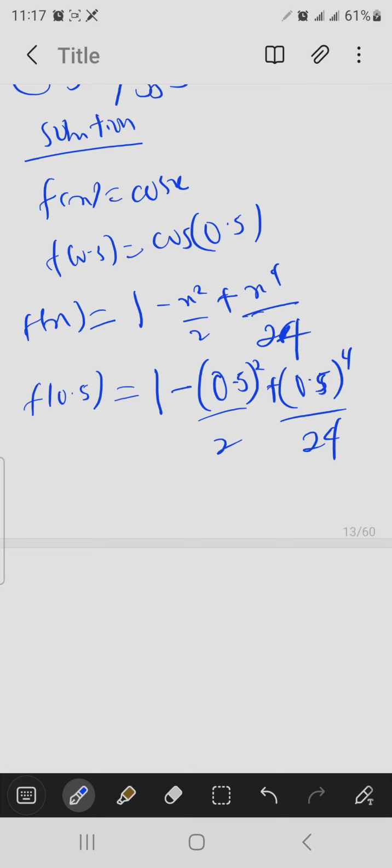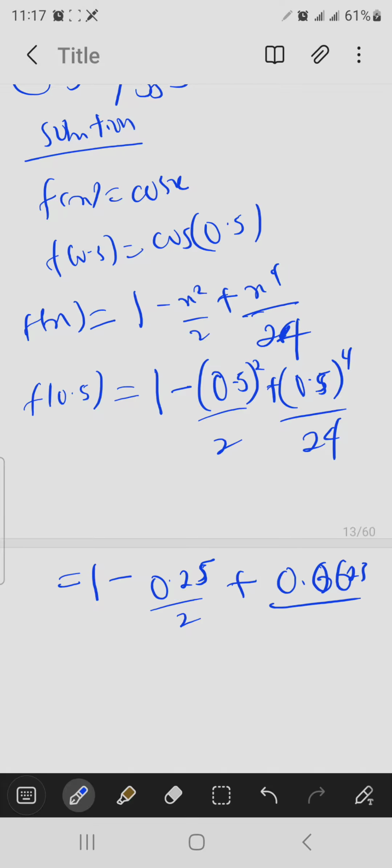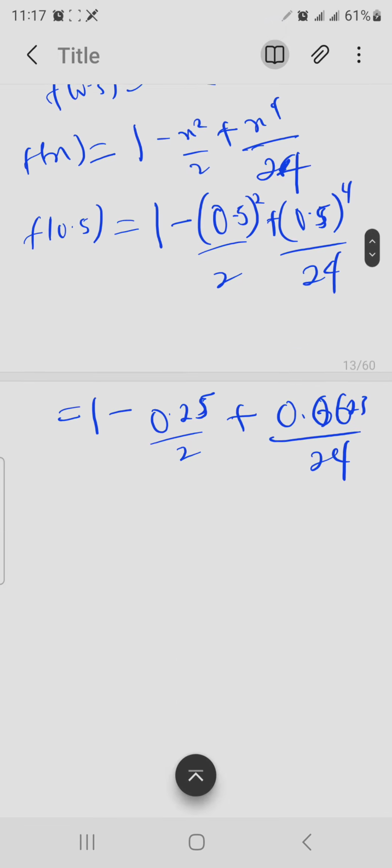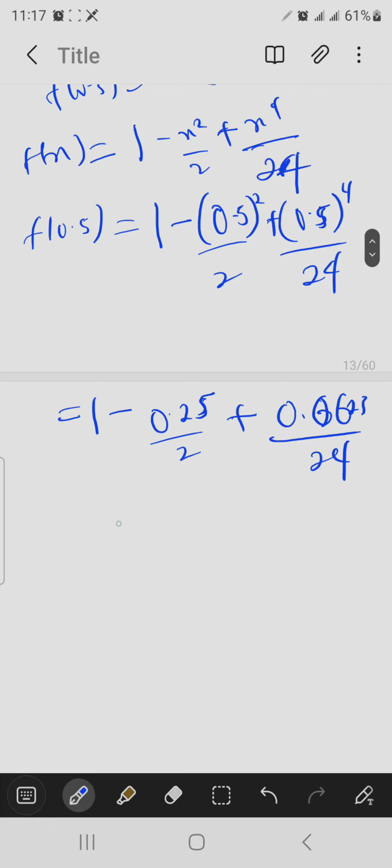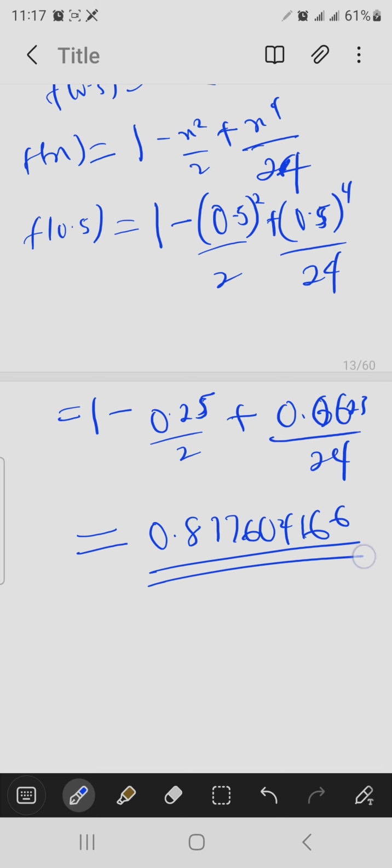So now when you do this, this one is going to be 1 minus 0.25 divided by 2 plus 0.0625 all over 24. So dividing this all through, everything is going to be equal to 0.8776. So it's going to be the answer for this.